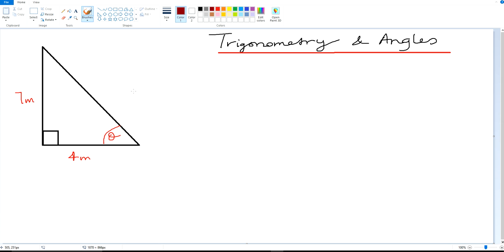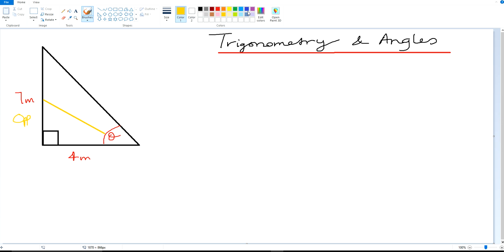Now, step number one. What do we do first? We need to label our diagrams. So let's have a look. Opposite the angle is called the opposite.